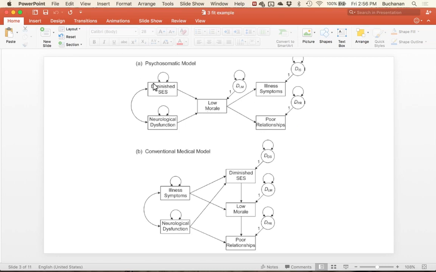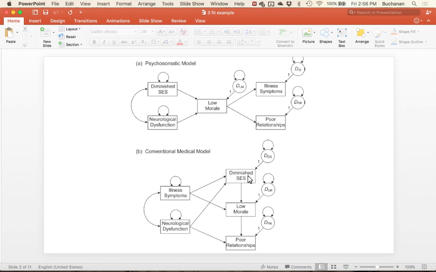Morale, though, is predicted by SES and neurological dysfunction, so morale, tilde, SES plus neuro. And this covariance, I can define it, but it's automatic for exogenous variables, because if you remember in the last example, we missed our degrees of freedom calculation because we forgot about that one. So that is automatically included.